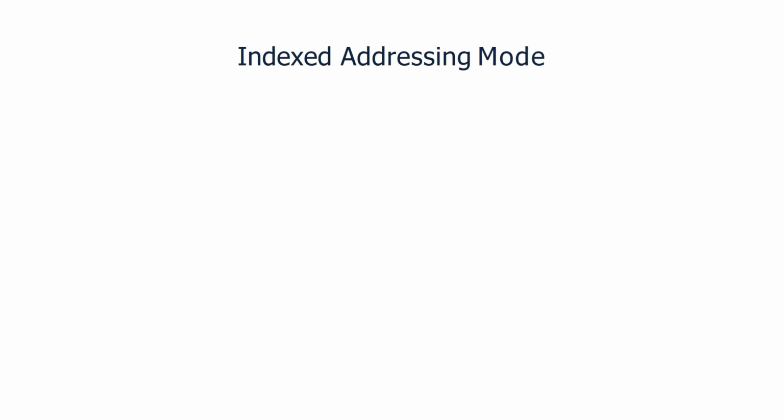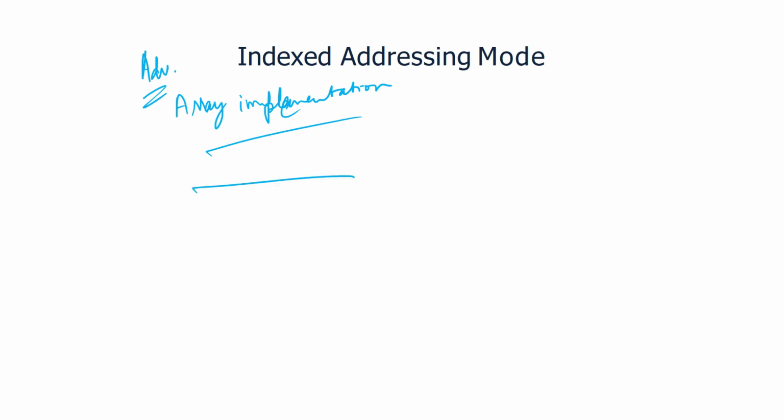What is the advantage of the indexed addressing mode? The advantage is array implementation. We can do the array implementation easily. Let's visualize that example again. Suppose there is an array with addresses 300, 301, 302 and so on.